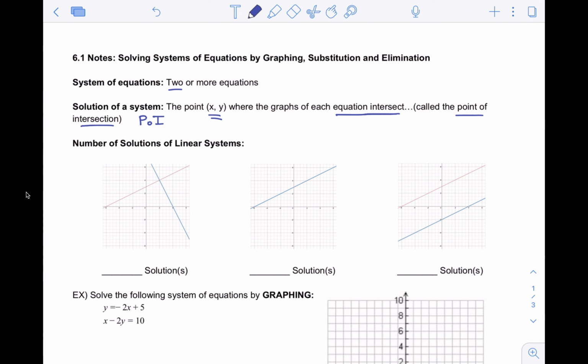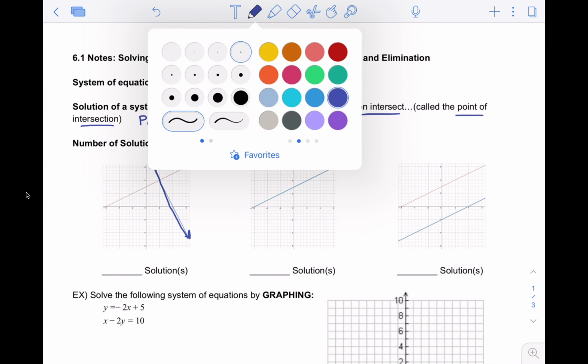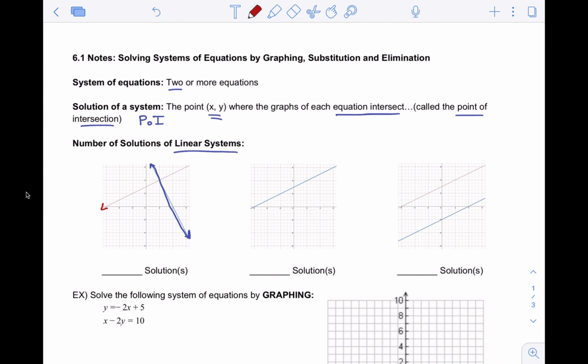Now, there are three types when you're talking about solving a system of linear equations, also known as a linear system. If you have a blue line, seen here, obviously not drawn very well, and then you have a red line, this is a system because it only takes two equations to become a system.